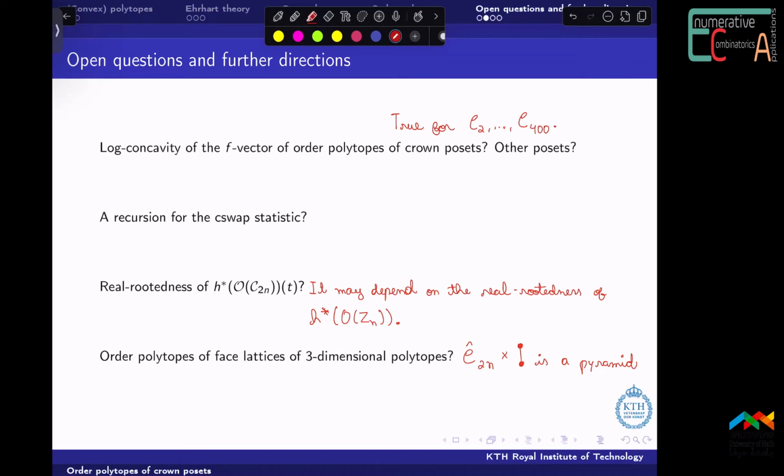What we also wanted to show and couldn't find was a recursion for the C-swap statistic. I think that this would help in the proof of the real-rootedness of the h-star polynomial of order polytopes of crown posets. And finally, we would like to study face lattices of other polytopes, like pyramids over polygons and prisms over polygons. They would be natural extensions.